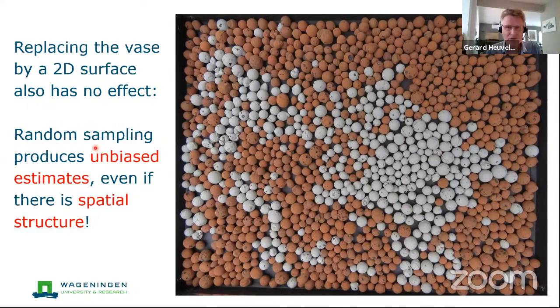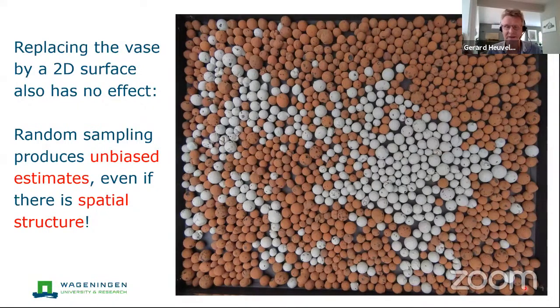Spatial structure has no effect because every one of these balls has equal probability of being selected. The gray balls have equal probability of being selected as the red balls. So if I want to estimate the proportion of gray balls in this population in the study area, a random sample will give me an unbiased estimate, no matter whether there is spatial structure or not.